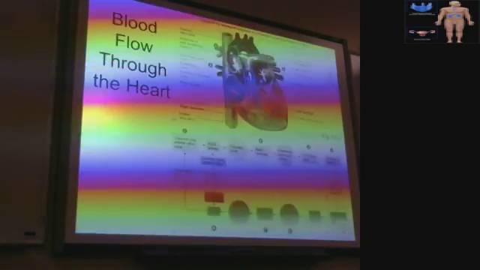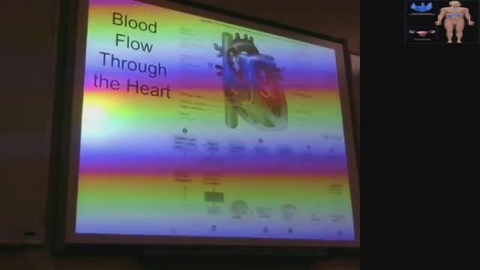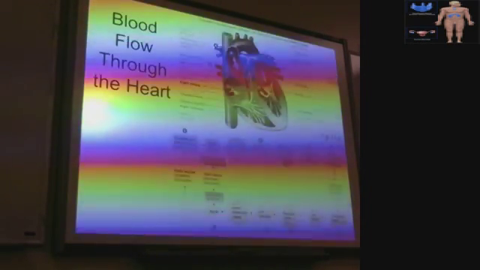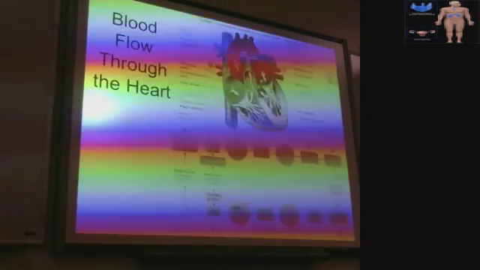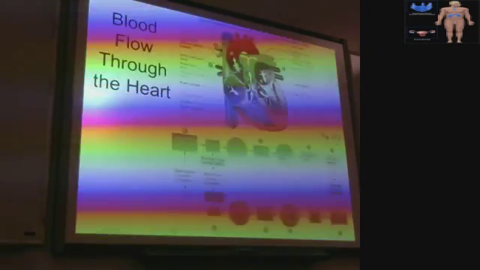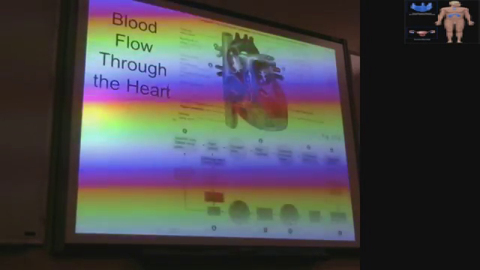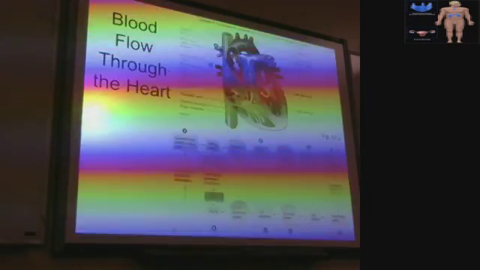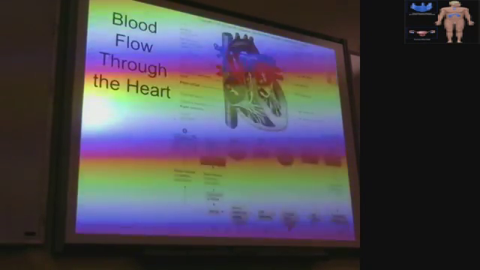All right, so here we see how the blood pumps through the heart. It comes in through the vena cava, enters into the right atrium. Right ventricle pumps the blood out to the lungs, and it comes back in from the lungs into the pulmonary trunk, which then enters into the left atrium, and then moves to the left ventricle, and from the left ventricle it gets pumped out through the aorta to the body.